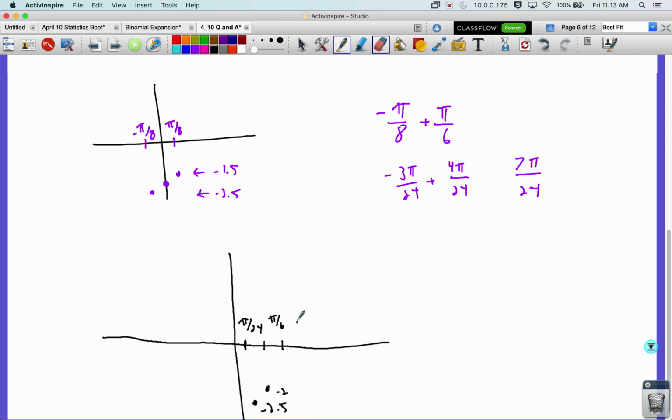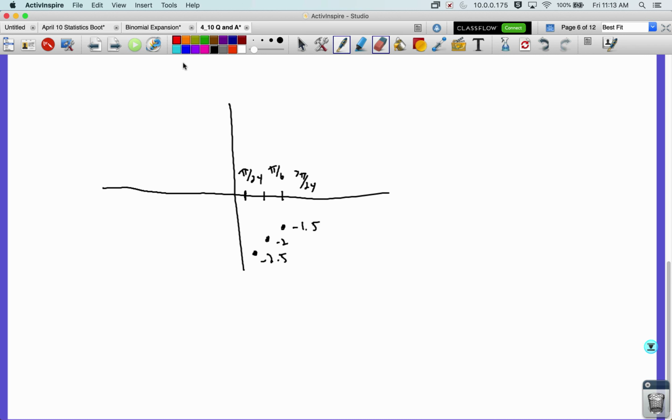And then at 7 pi over 24, we're at negative 1.25, or just negative 1.5. All right, and then it's gonna swoop through like that.